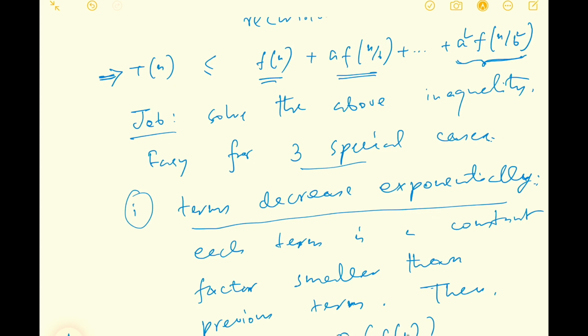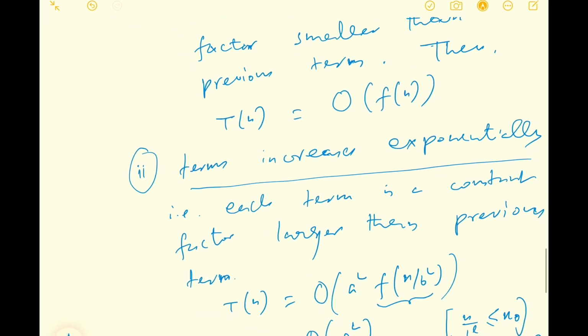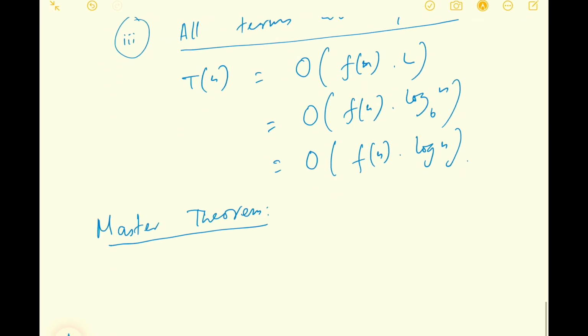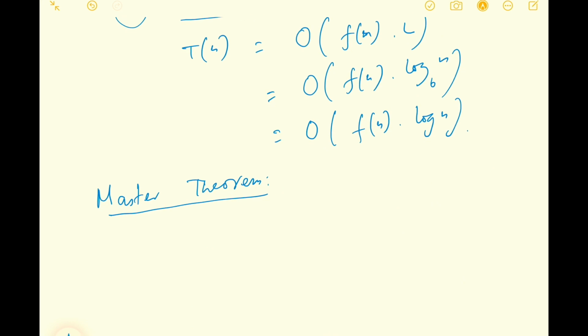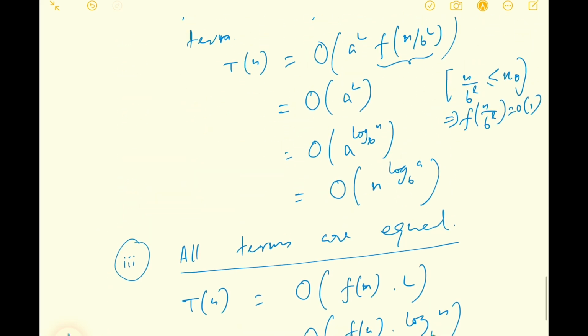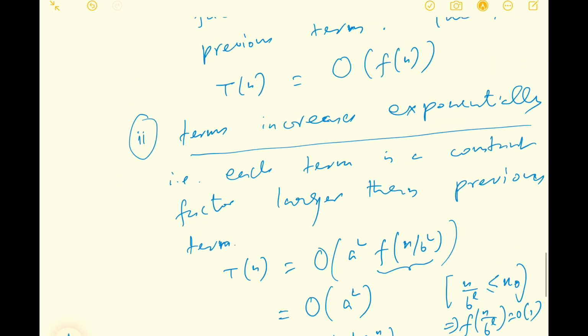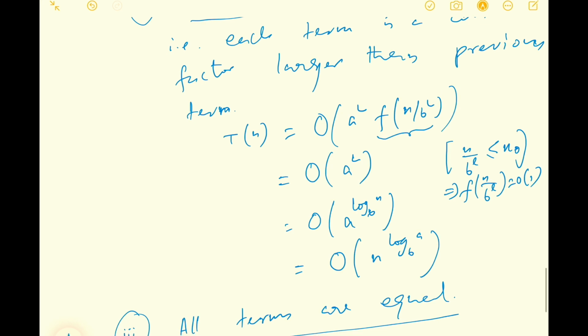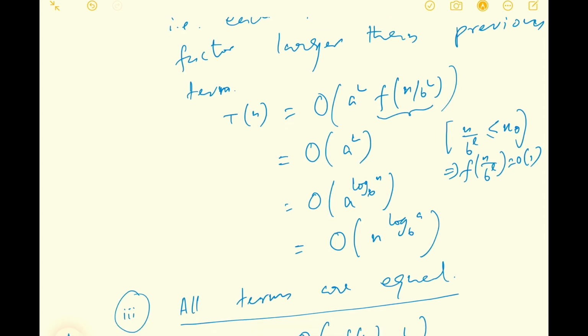Don't draw the recursion tree, and everything else holds for every a greater than or equal to 1. Okay, so we just get rid of that assumption. Now the master theorem gives three conditions corresponding to these three cases. Okay, so let's see what the master theorem is.